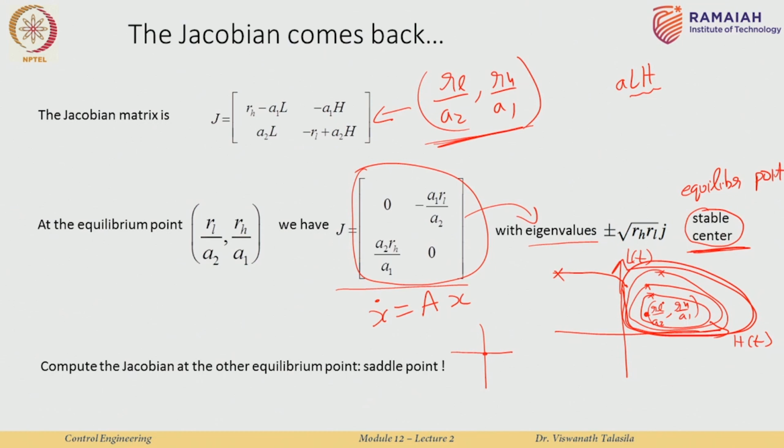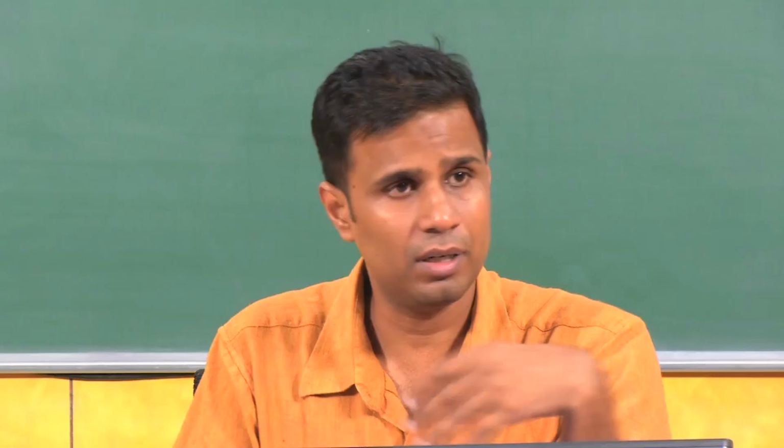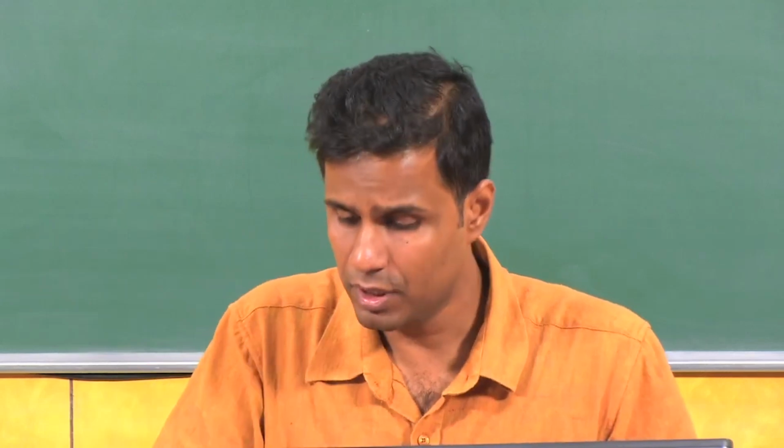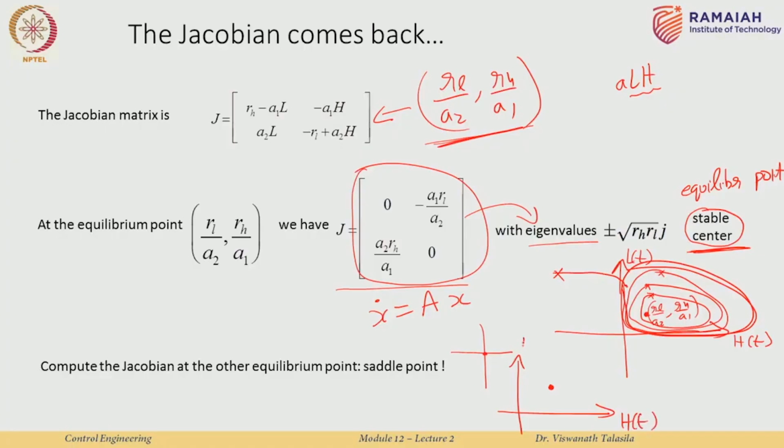So, the concept of a stable center is that you have an equilibrium point as before. If you start your dynamics initial condition at the equilibrium point, the dynamics will always stay there. You start anywhere else in a neighborhood of the equilibrium point or anywhere else in your phase space, that is the space of your state variables, it will be a closed orbit around that equilibrium point.